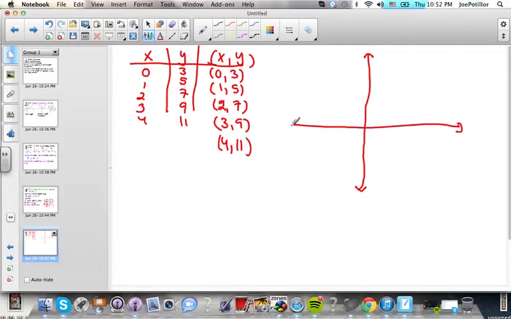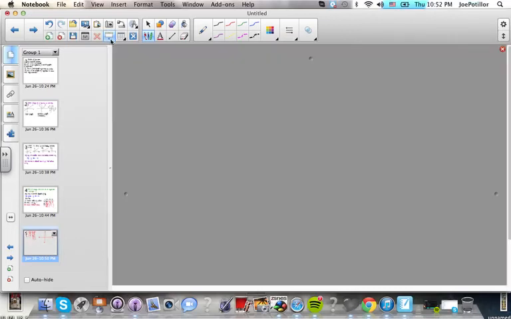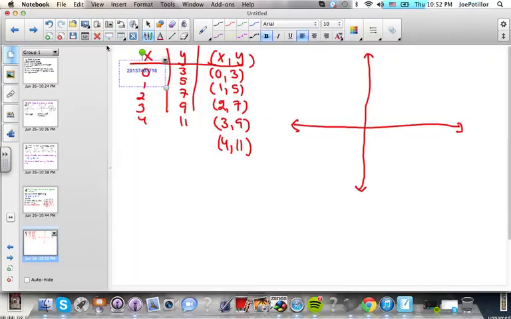I can't draw perfectly, so you'll have to deal with it. So we make our graph, with 1, 2, 3, 4 and 1 through 11.